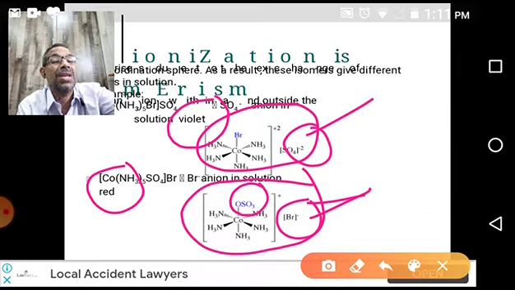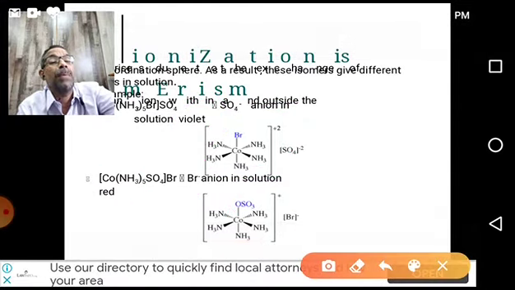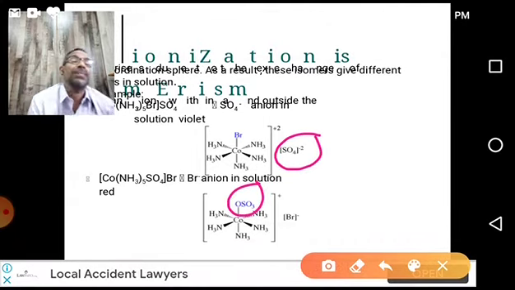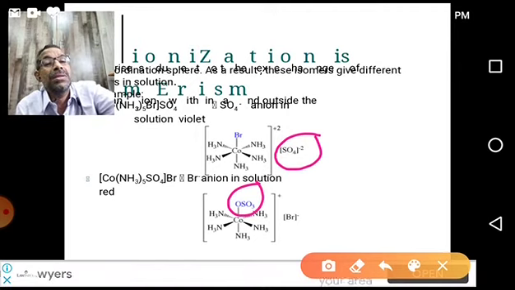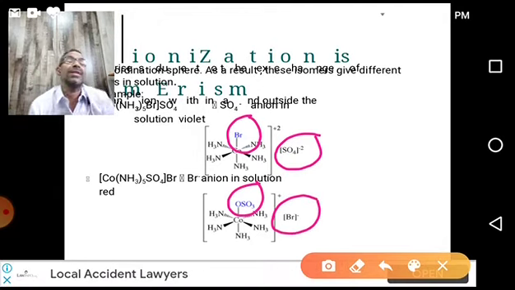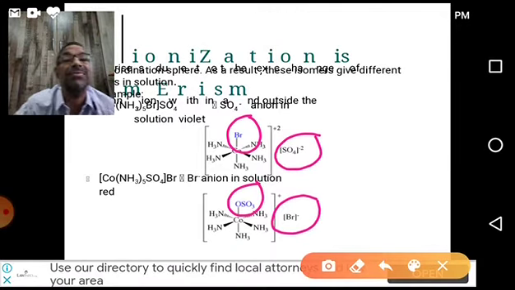If you observe carefully, in this complex sulfate is outside the sphere, and in this complex sulfate is within the coordination sphere. In other words, in this compound bromide is in the coordination sphere, and in this one bromide is outside the coordination sphere.